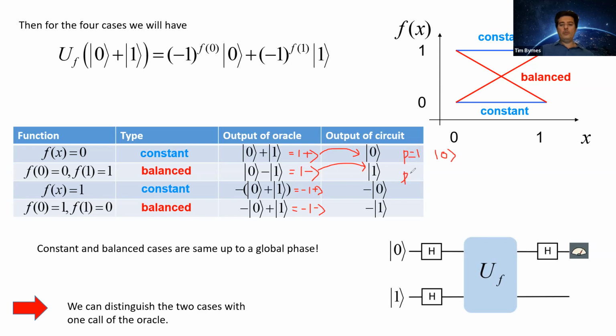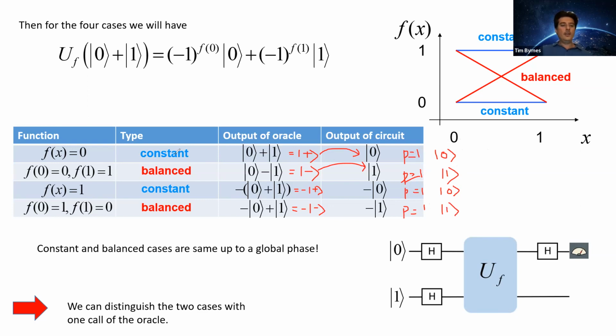Here, with 100% probability, you will get 1. Here, with 100% probability, you will get 0. And with 100% probability, you'll get 1. So in all cases, it doesn't matter which oracle is chosen, you will with 100% probability get this signal. If it's this one, you'll definitely get 0, and if it's this one, you'll definitely get 1.